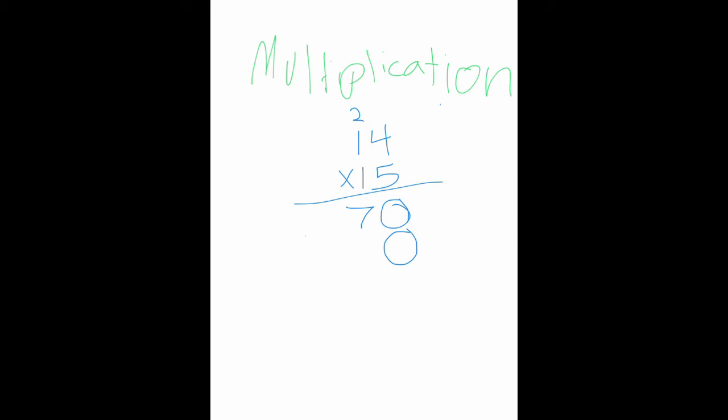Once we move to the tens place, we put a 0, and once we move to the hundreds place, we put 2 zeros. Let's say instead of this multiplication sign, we had a 2 right here. Once we started multiplying with this 2, we'd put 2 zeros down here. If we had a 3 over here, we'd put 3 zeros and then multiply.